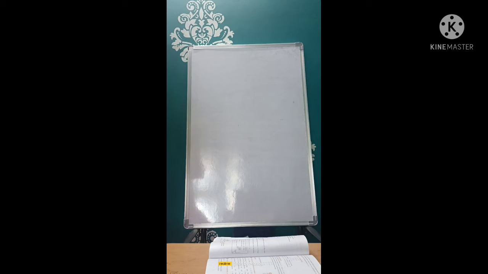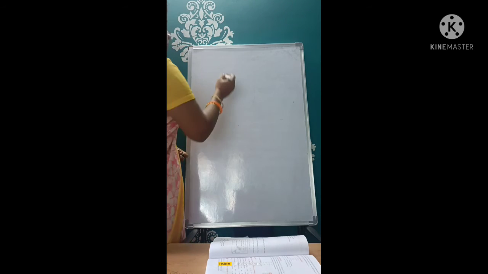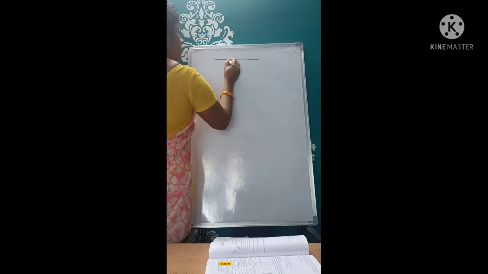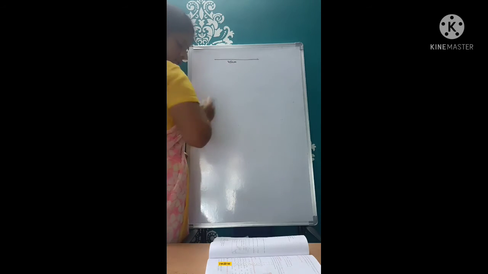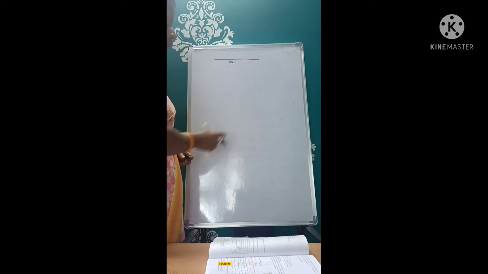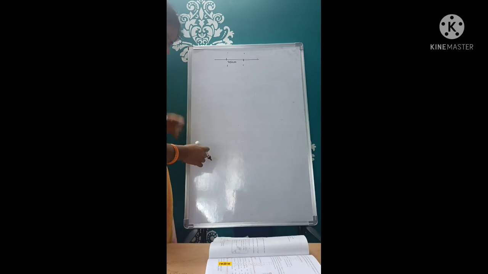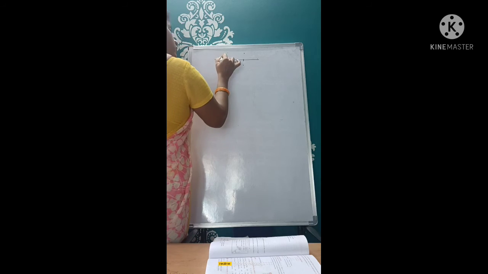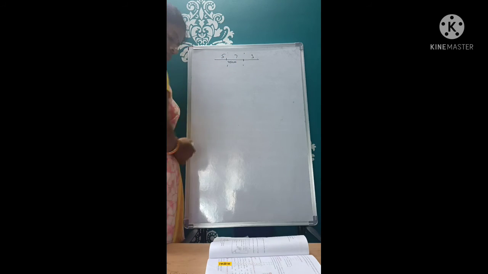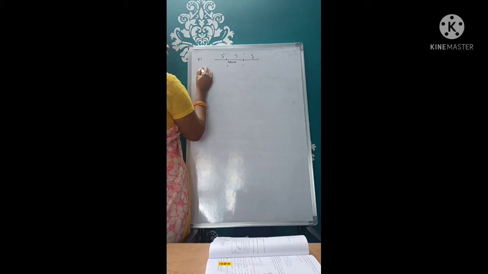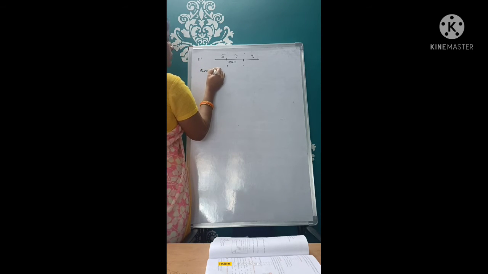Next, question number 21. A line segment 45 centimeters is divided into 3 parts in the ratio 5 is to 7 is to 3. Okay. So first find the sum of the ratio.